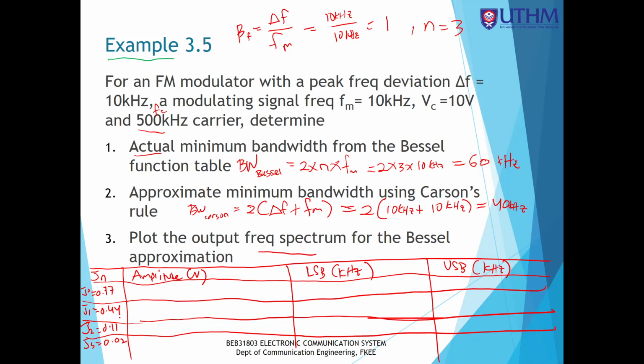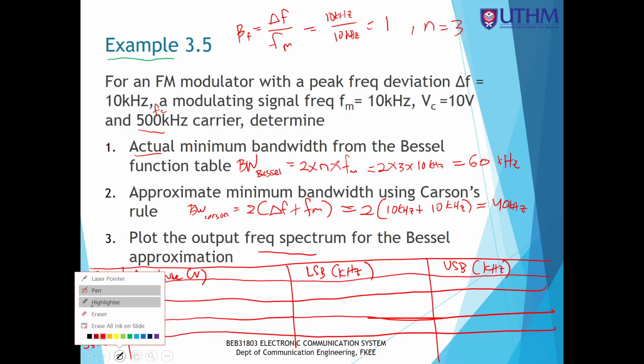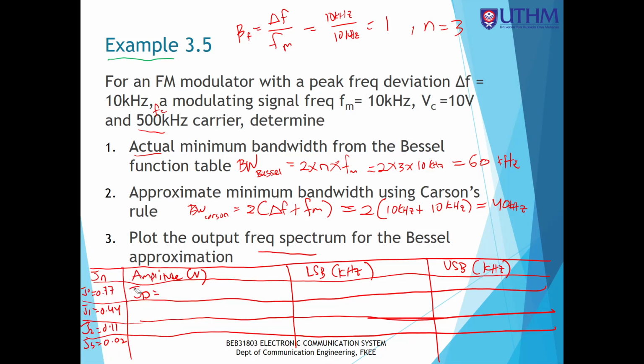Okay, so the amplitude V0 is equal to 0.77 multiplied with VC. VC is equal to 10 volt.